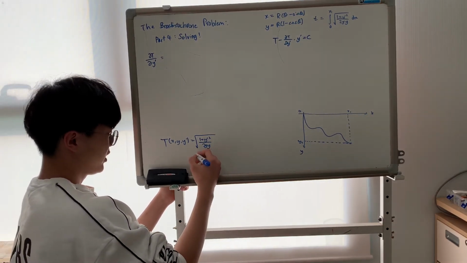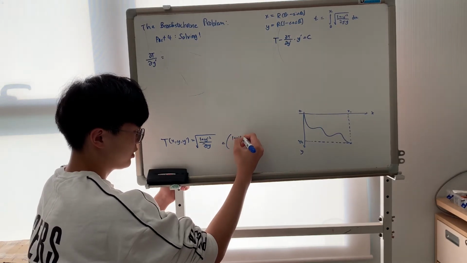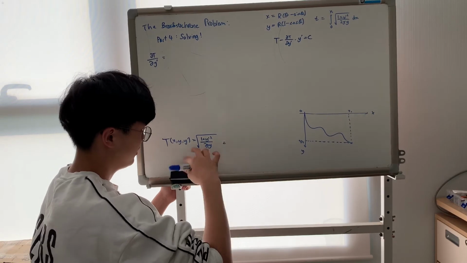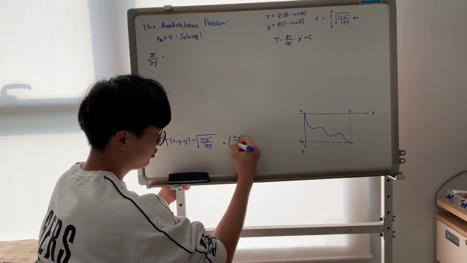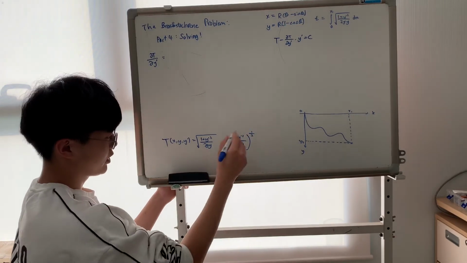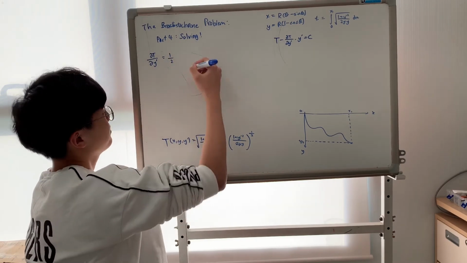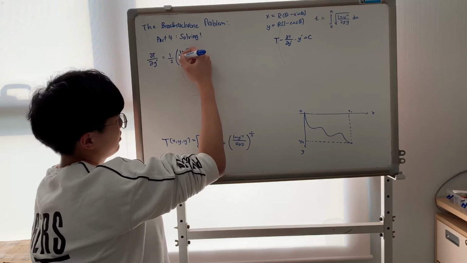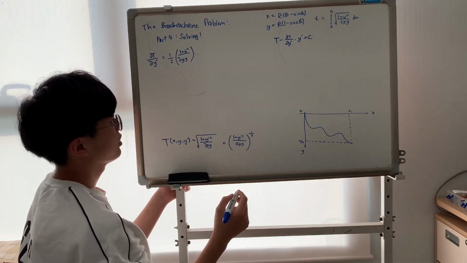Okay, so we know that this is equal to 1 plus y prime squared over 2gy, all to the power of one half. So when we differentiate this in terms of y prime, we get one half here. We do the same thing as we would differentiate any square root of x.